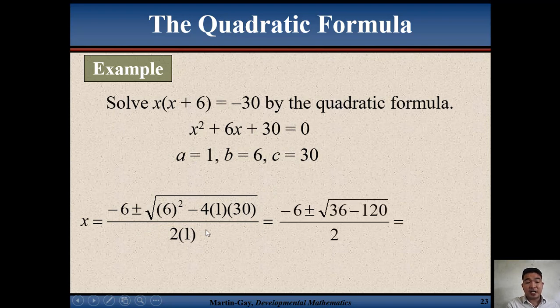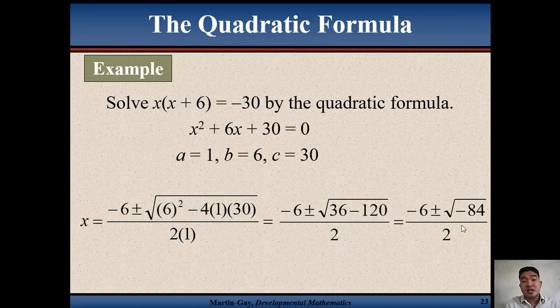Simplifying, you will have negative 6 plus or minus the square root of 36 minus 120, all over 2. Then you will have negative 6 plus or minus the square root of negative 84 all over 2.